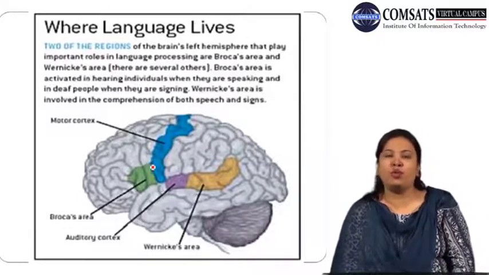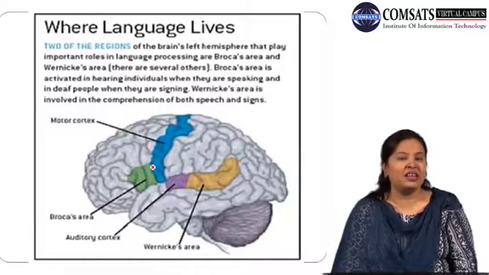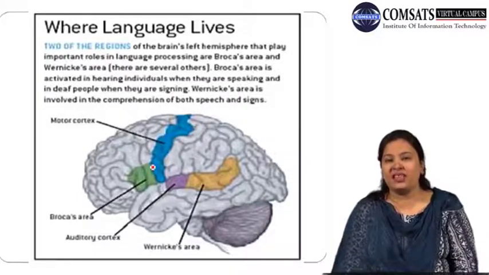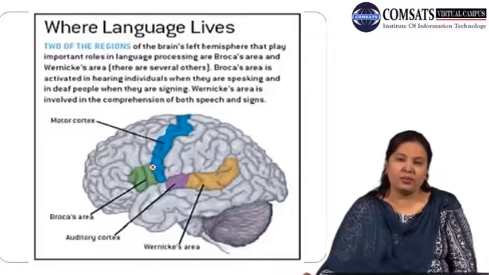This speech can be in sound form or in sign form as well. Both types are understood and focused in these Broca's and Wernicke's parts of the brain.